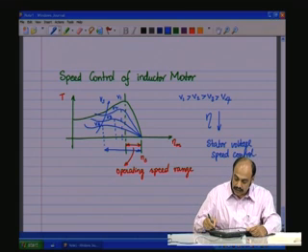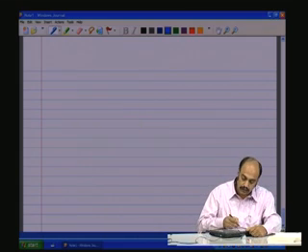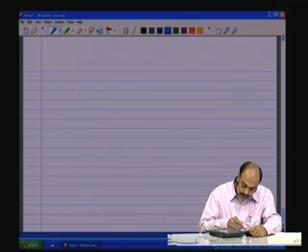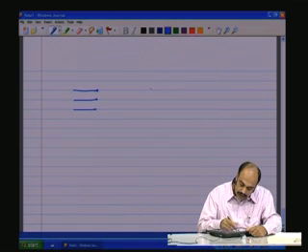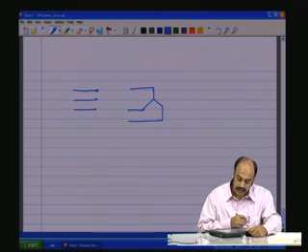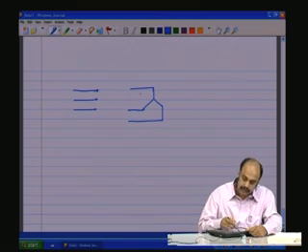One could also have a two-step speed control. We have the three-phase source coming in the picture here, and let us say the motor is connected initially in star form.